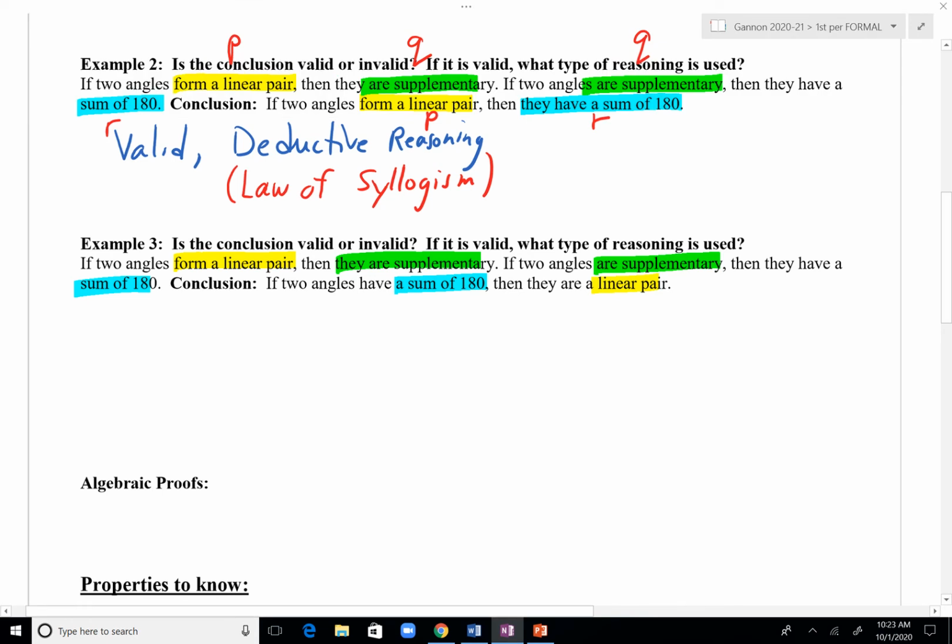We can't just change that order and expect it to always be true. So this conclusion is actually going to be invalid.